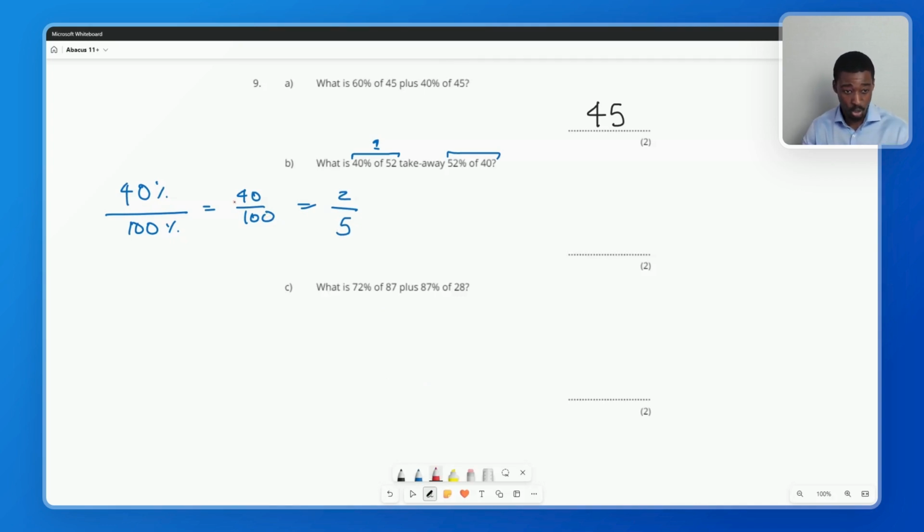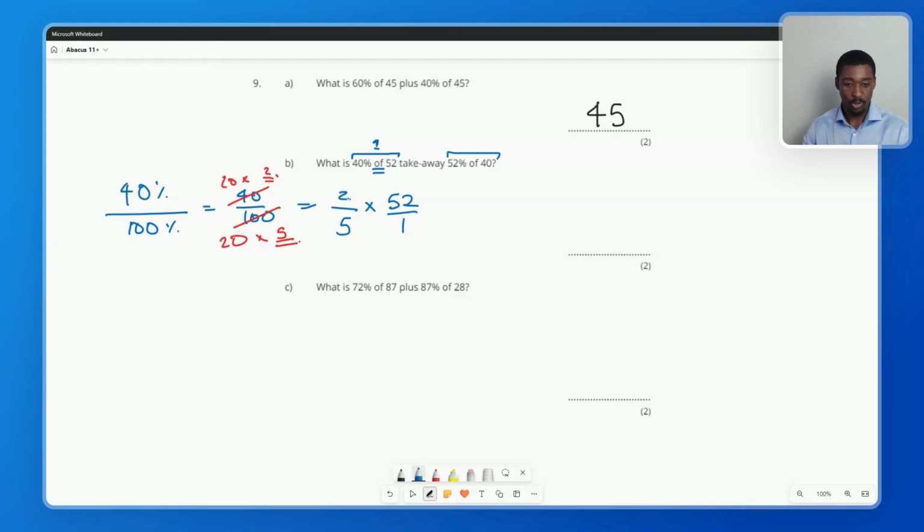Because 20 goes into 40 2 times, and 20 goes into 100 5 times. So we have 2/5 of 52. And remember, in maths, when it comes to percentages, of is simply a code word. It simply means multiplication. So we have 2 over 5 times 52 over 1.